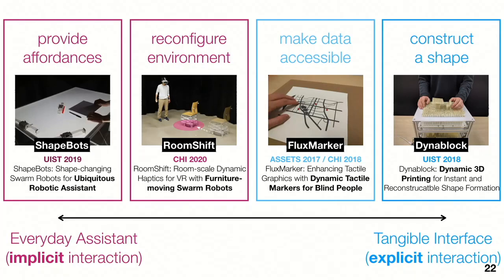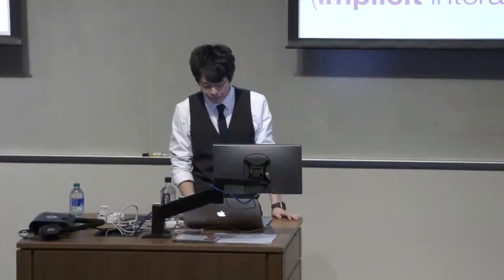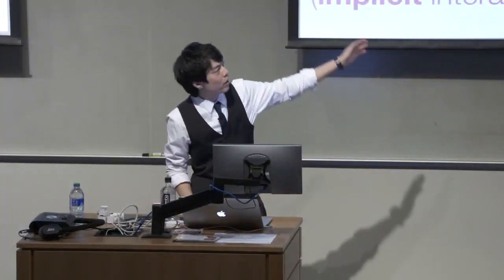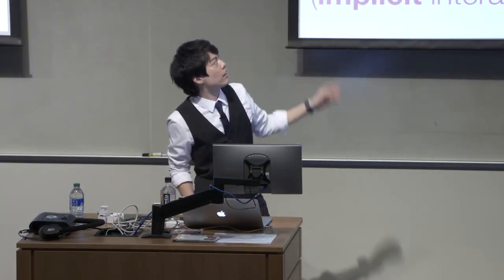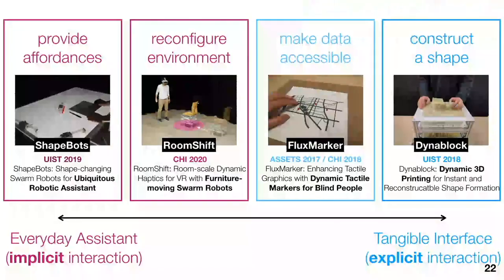These swarm robots can also reconfigure environments by rearranging furniture, or make data and information accessible for blind users. And these robots can also construct a shape to make an object with which we can interact with the digital world. This is my contribution in the two major fields of HCI.